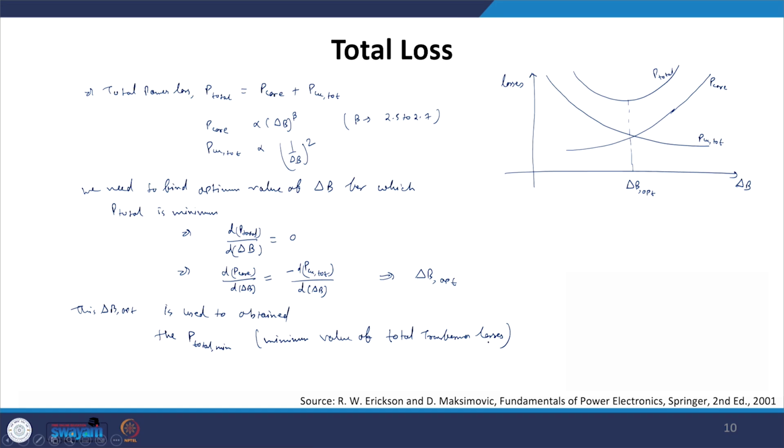So this indicates that we have to do the second level of optimization, where we find the optimum value of delta B which will give you the minimum total loss in the transformer.